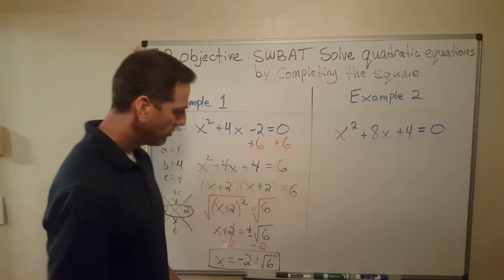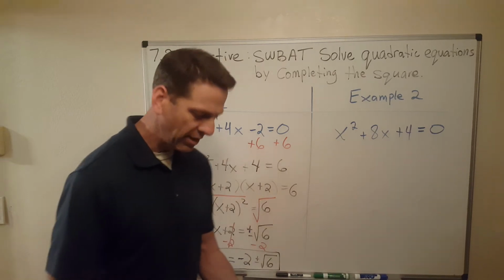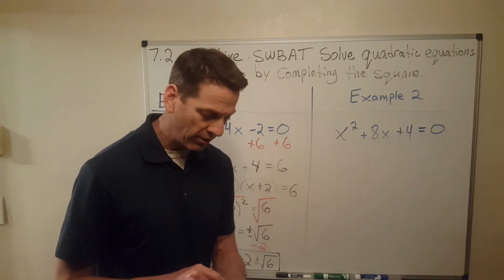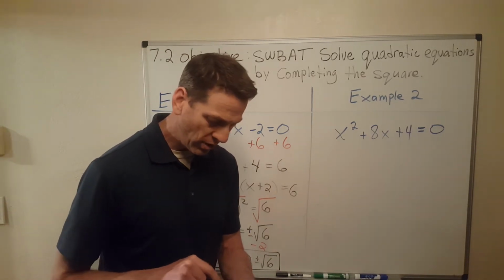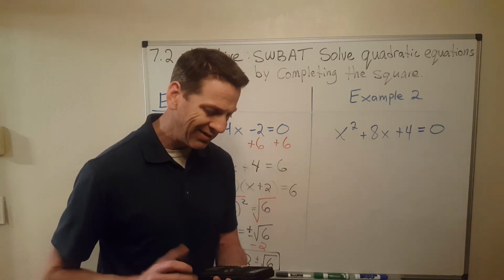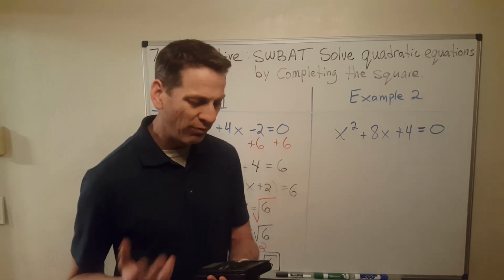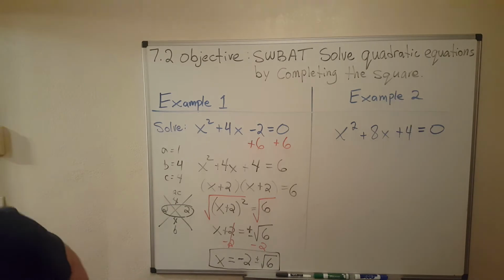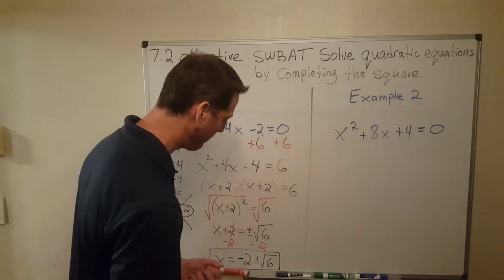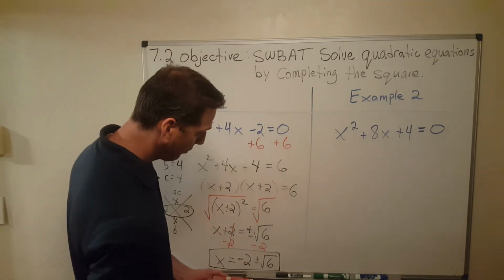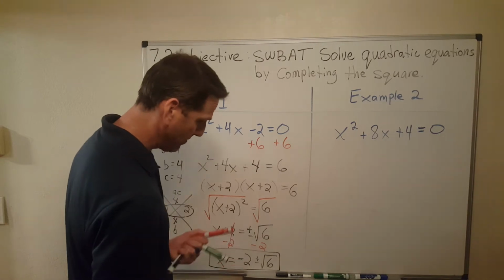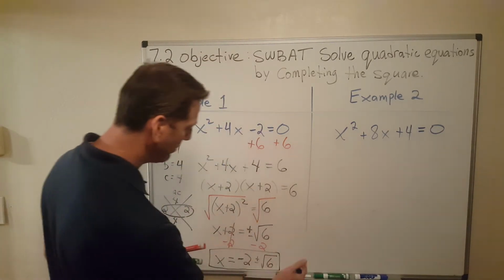All right? So what is the square root of 6? Well, I'm going to give you a decimal approximation with my calculator. The square root of 6 is about 2.45. Okay? It's about 2.45. All right, so I'm going to go ahead and fudge over here a little bit.